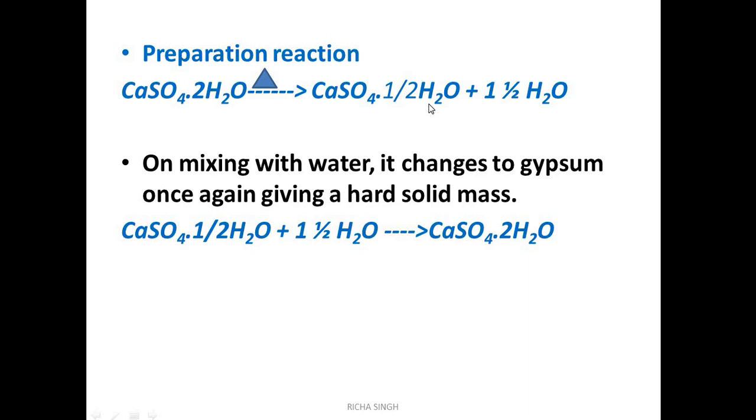But on mixing with water again, it changes to gypsum, and again it changes into a hard solid mass. So the reaction again will change like this. CaSO4·½H2O, this is your plaster of Paris or calcium sulfate hemihydrate, and when it again mixes with water or with moisture also, it will again form gypsum, that is a hard mass.